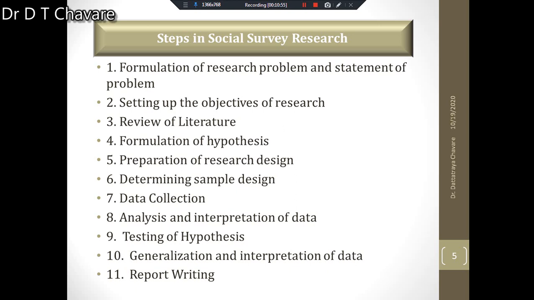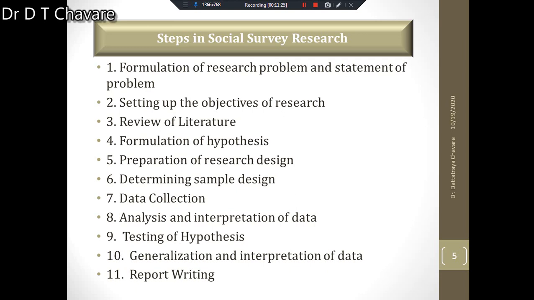Okay, very simple steps are there, and those steps you also have to study in detail. Then the third step is review of literature. You have to review the literature. It means somebody has made research on a particular topic; whether that research is related to your topic or not, and if it is, what type of research is conducted.